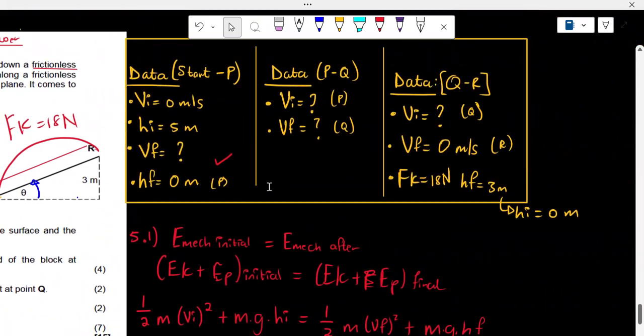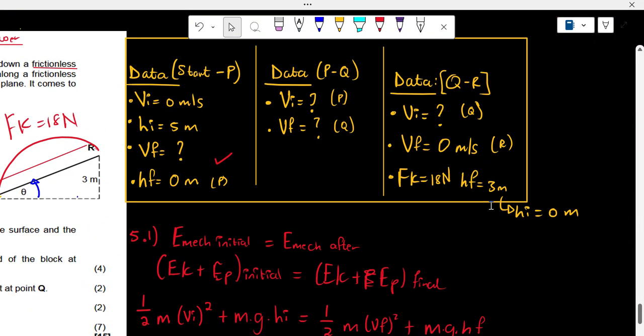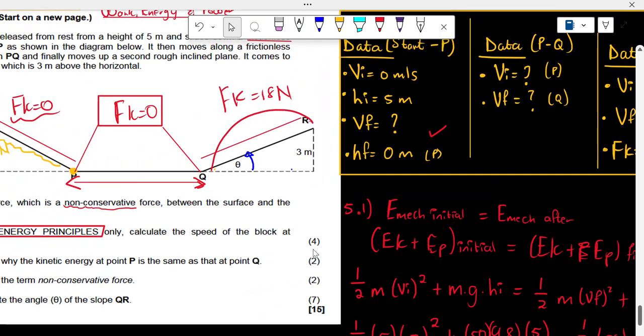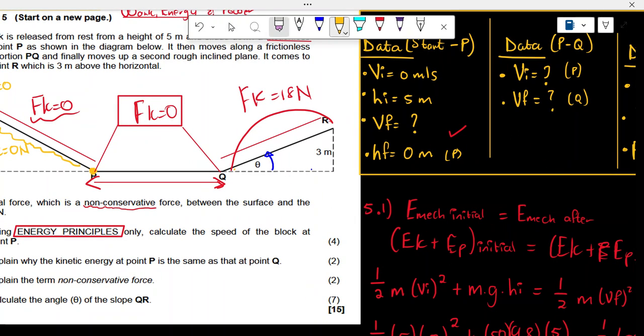Cool. So from the given information, my plan of attack is to use an equation that will allow me to solve for the displacement from Q to R, right? That allows me to solve for delta x.